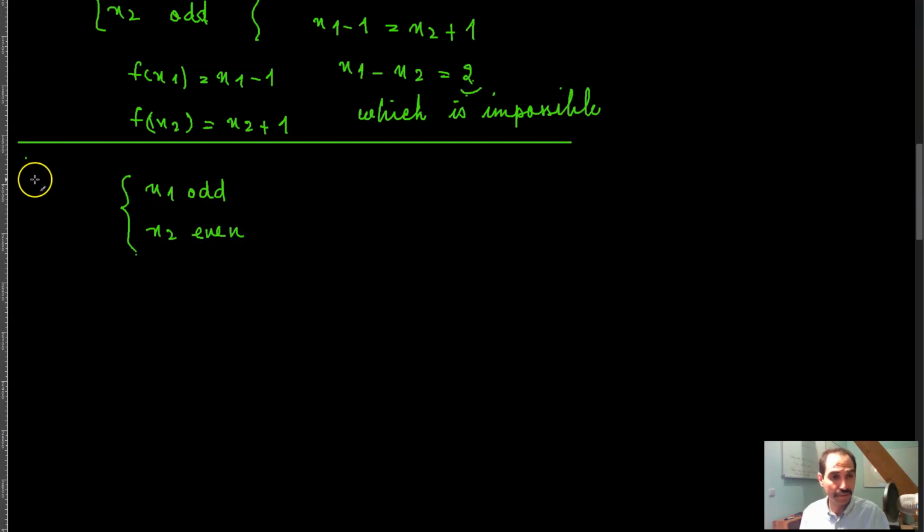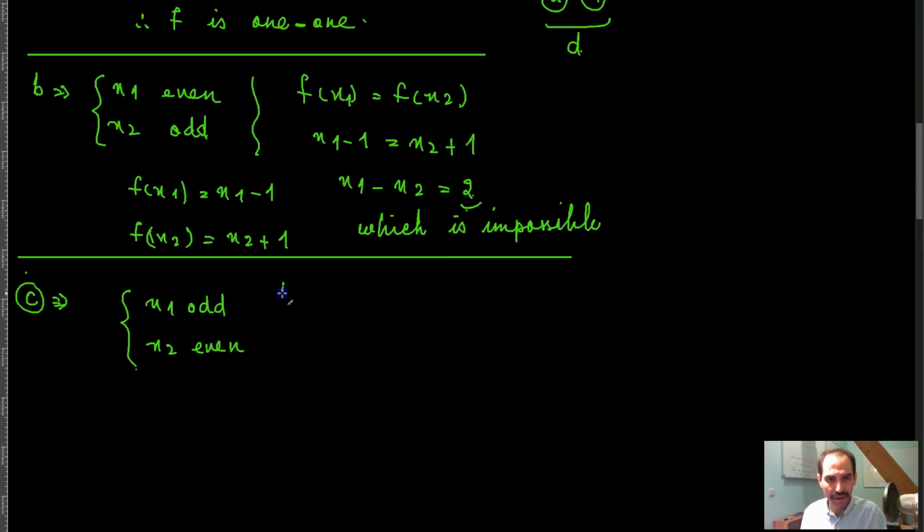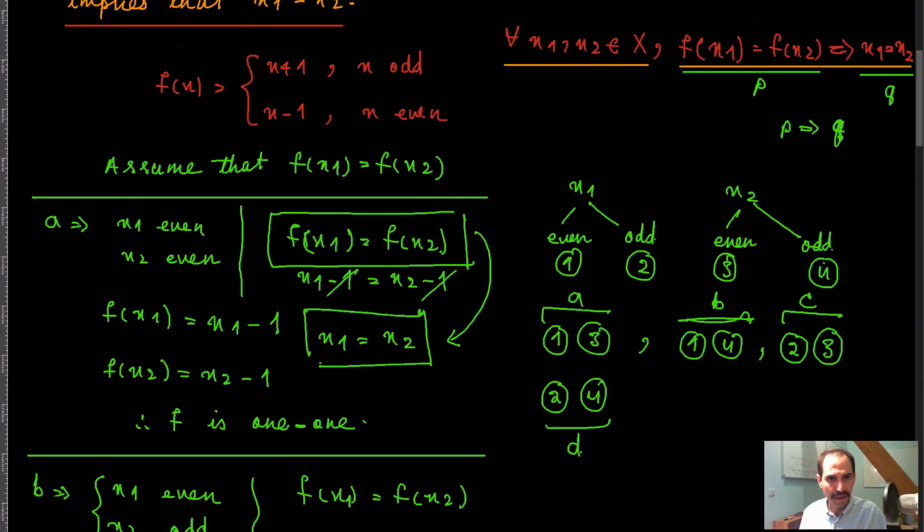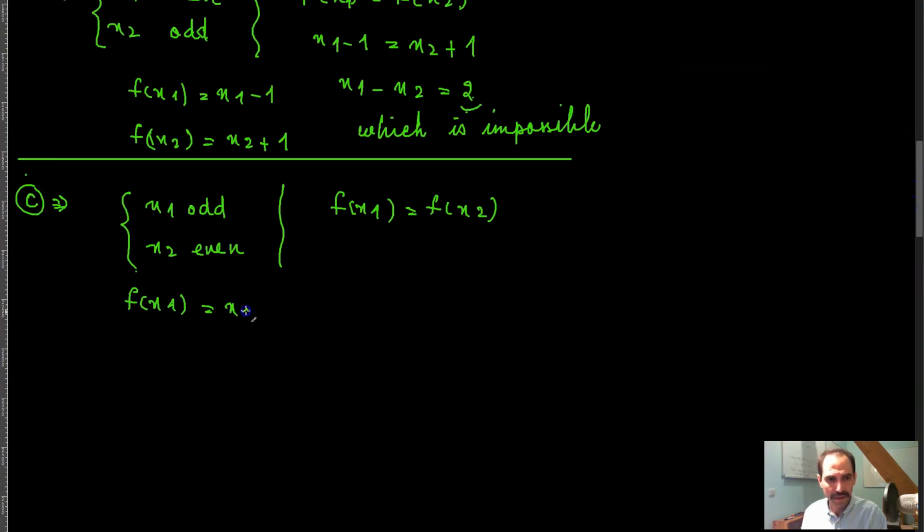Again, I'm making the same assumption that f of x1 is equal to f of x2. f of x1, with x1 being odd, is x1 plus 1.